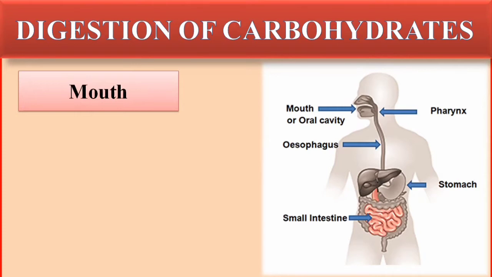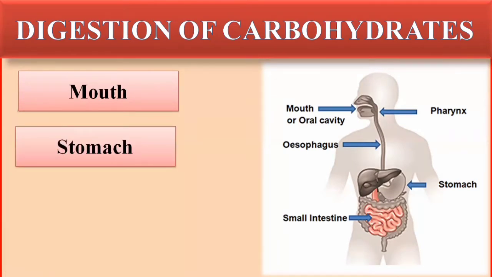Then the food travels down to the other organs, where further digestion takes place. Finally, when it reaches the small intestine, it is completely digested into smaller saccharides.